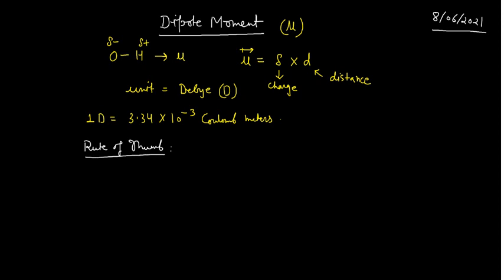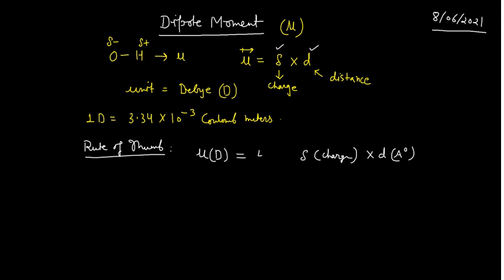Okay, if you want your dipole moment measured in debye, that is capital D, then whatever charge and distance you have, here I can write delta for the charge, and d is the distance, basically the bond length, and it is measured in angstrom.